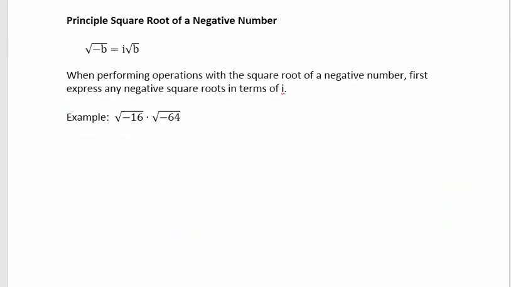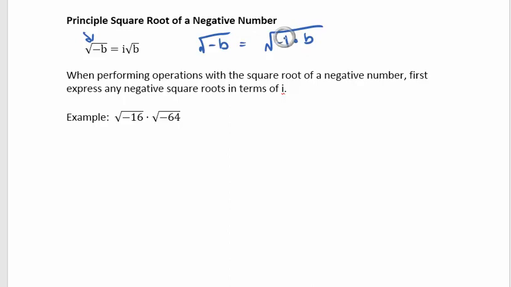All right, the principal square root of a negative number. Whenever we're taking the square root of a negative number, we can write it in its principal form, and that is simply by taking this negative 1 out front, writing it as i. So remember, we could write the square root of negative b as the square root of negative 1 times b.